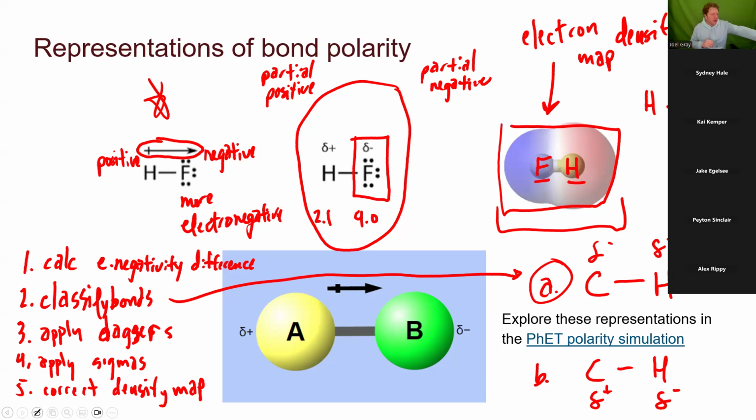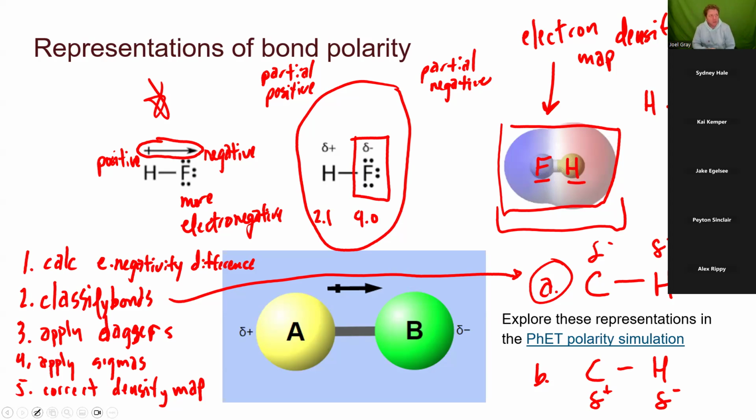Okay. So what I've got here in the lower left-hand corner are basically five sorts of questions that you could anticipate and ones that you should be able to answer. Calculate the electronegativity difference, classify bonds, apply daggers, apply the sigmas, and which is the correct electron density map.